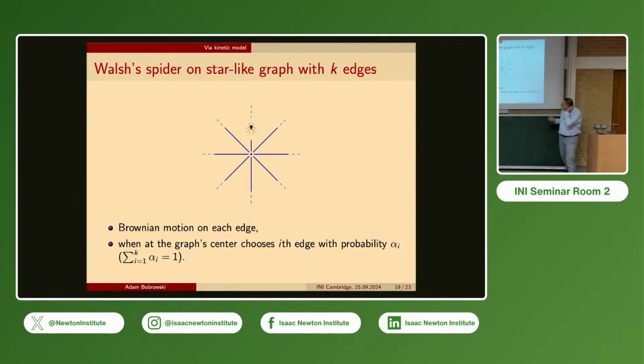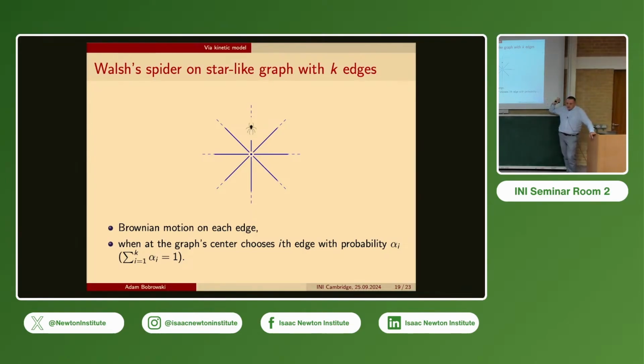This was 2 years ago, and now the following generalization was proved by me and my colleague Ela Ratajczyk. Namely, we are trying to think how we can generalize this model, this approximation, to the case of Walsh's spider.